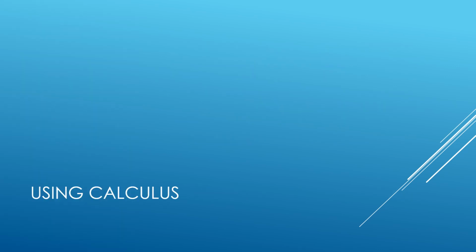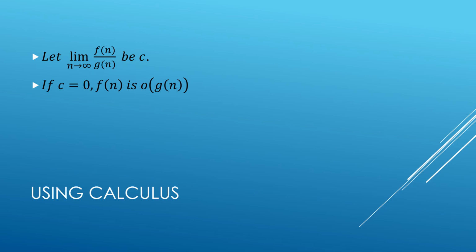Using calculus, let the limit as n tends to infinity of f(n) upon g(n) be C. You must have calculated limits in calculus. If C is equal to 0, see, both the functions are racing towards infinity. If C is equal to 0, this means that g(n) is faster than f(n).